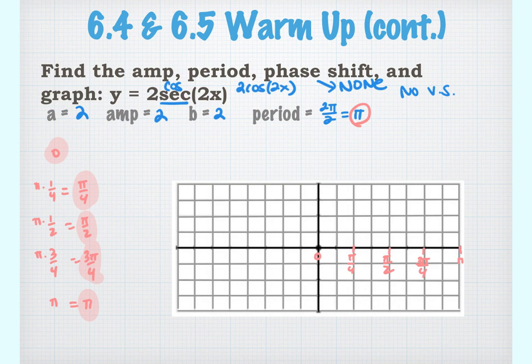And then because it's cosine initially, I start at the amplitude. So I'd start at 2, go down, down, up, up, make my curve.